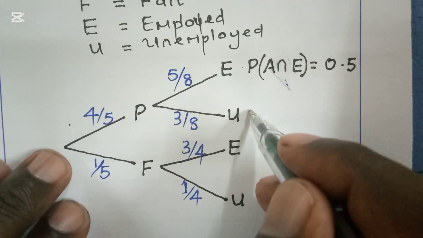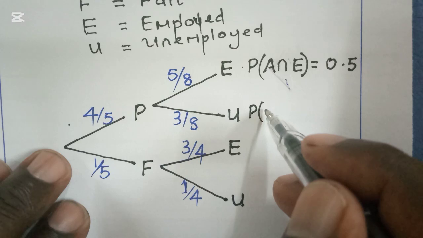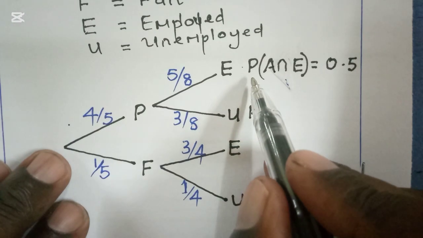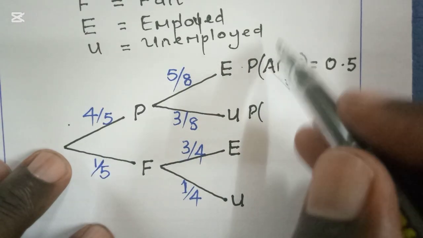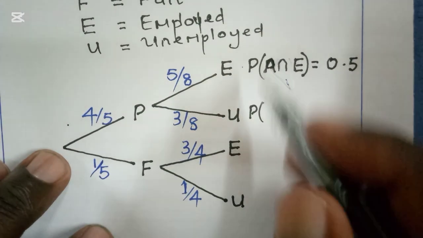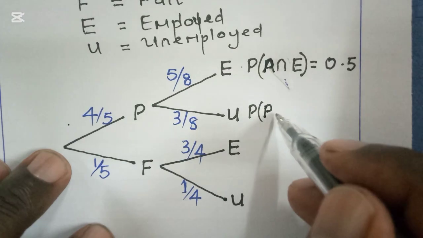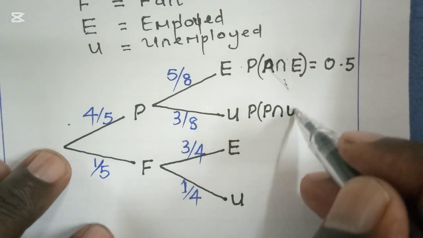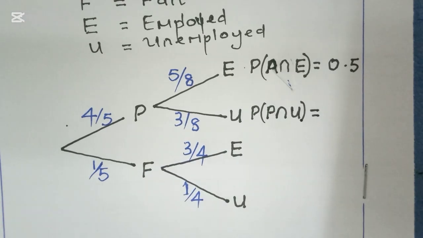This P represents passing and failing to be employed, U. So this one is going to be 4/5 times 3/8.